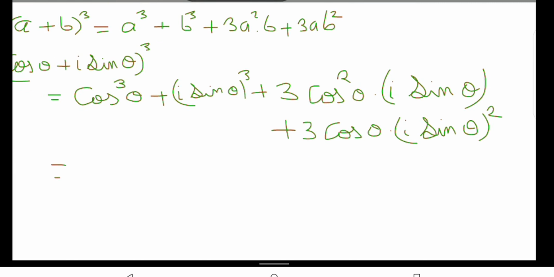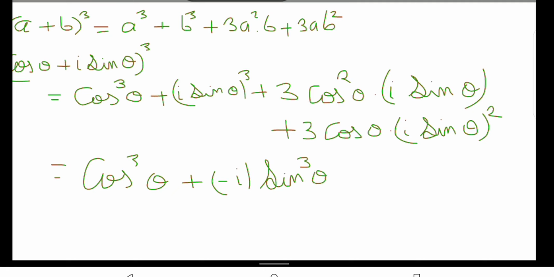Let's simplify this expression to have cos cube theta plus (i sin theta) whole thing cube, which is i cube into sin cube theta. i cube is i square into i, and i square is minus 1, so minus i into sin cube theta. This one we can write as plus 3 sin theta into cos square theta into i.